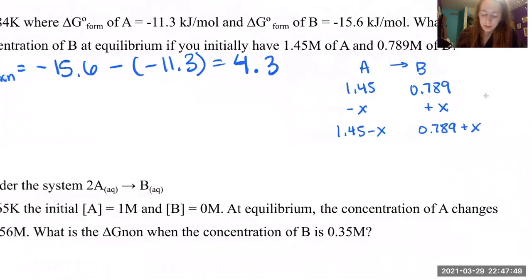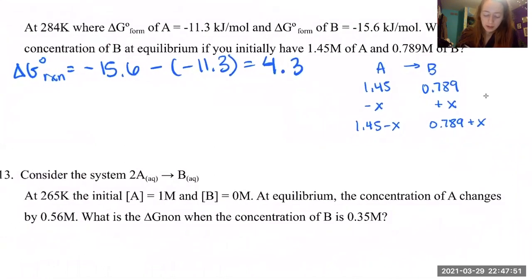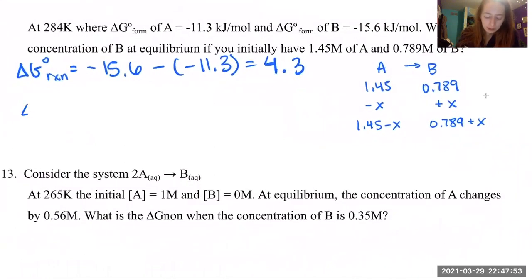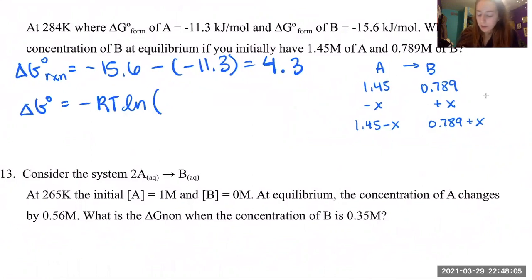And as we know, delta G standard equals negative RT ln of K. And what is K? K is just products over reactants at equilibrium. So we're going to do our products, 0.789 plus X, over our reactants.